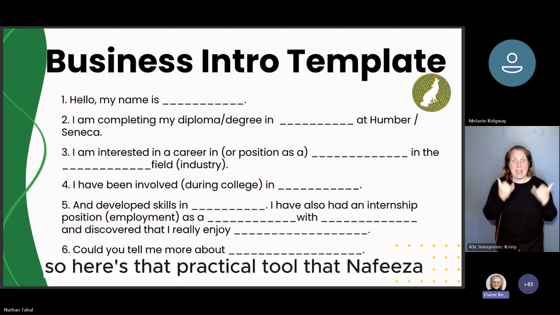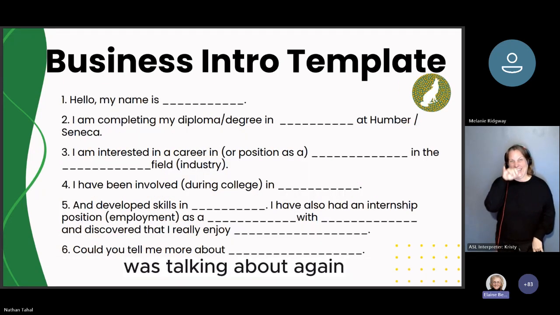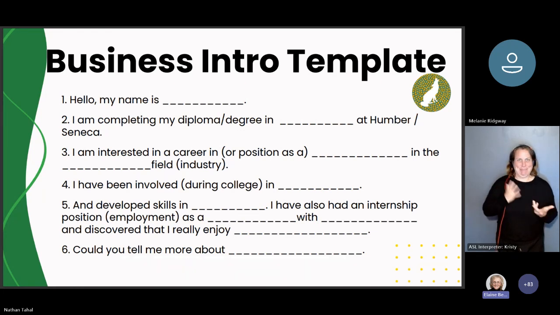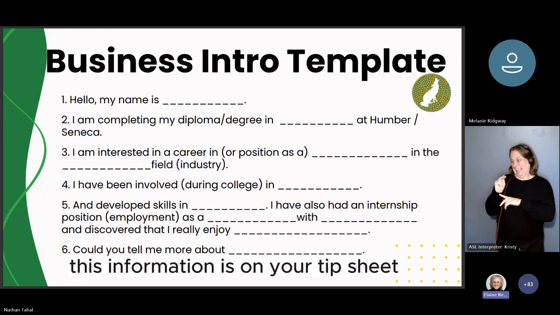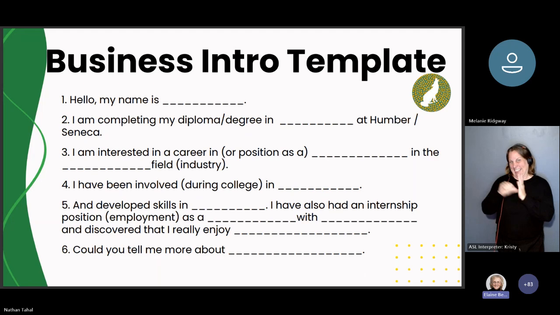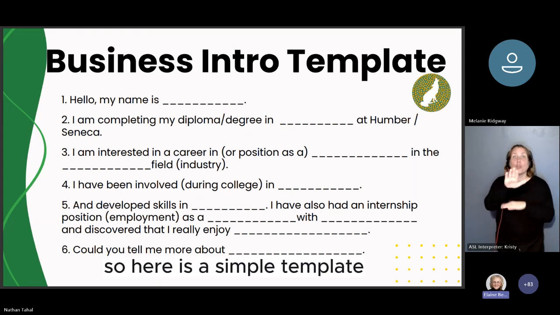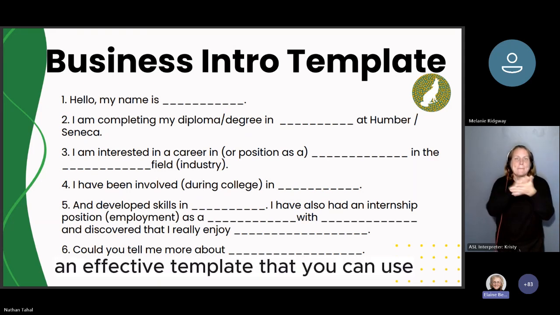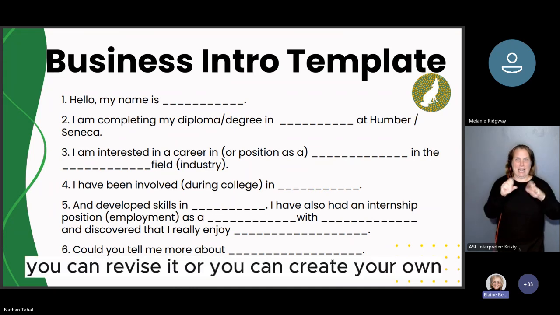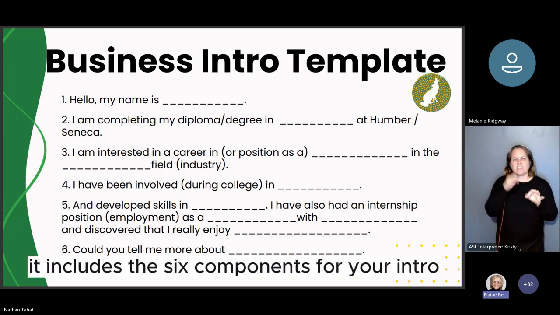So here's that practical tool that Nafisa was talking about. Again, this information is on your tip sheet. So here is a simple template, an effective template that you can use. You can revise it, or you can create your own. It includes the 6 components for your intro.